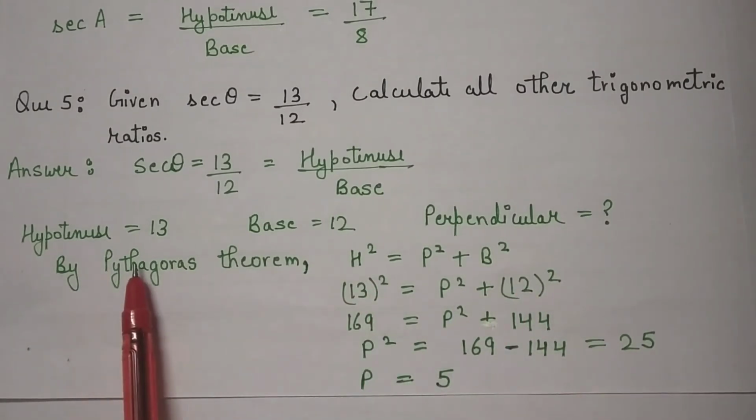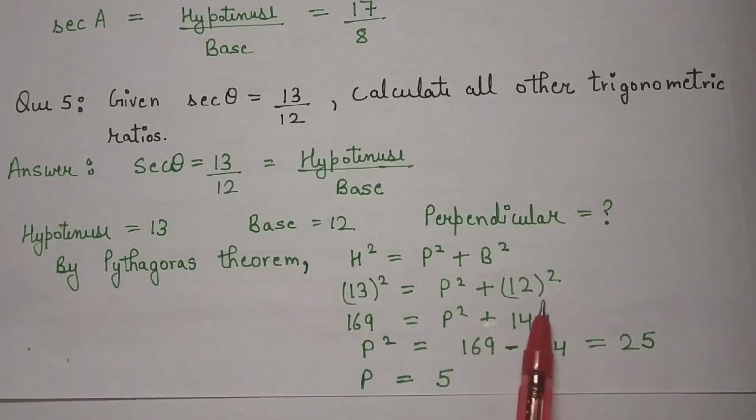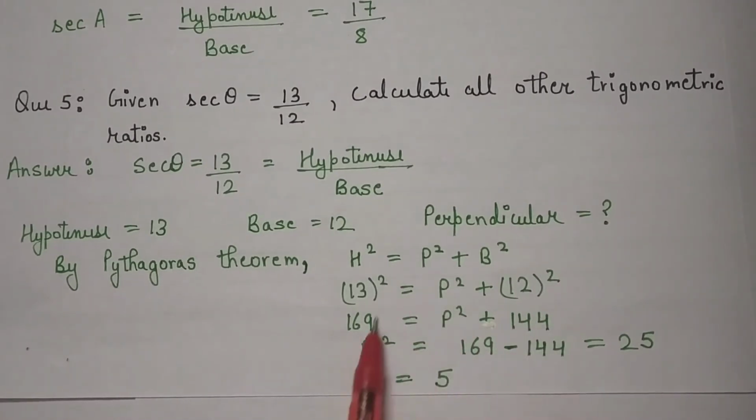Hypotenuse I have 13, base is 12. Taking the perpendicular square on the left hand side, 169 minus 144 is 25. Now removing the square, the perpendicular is equal to 5.